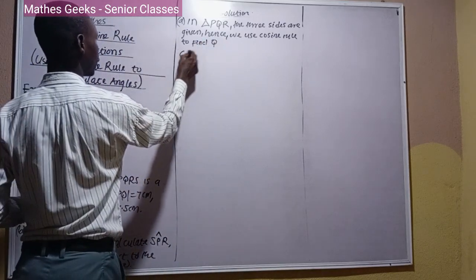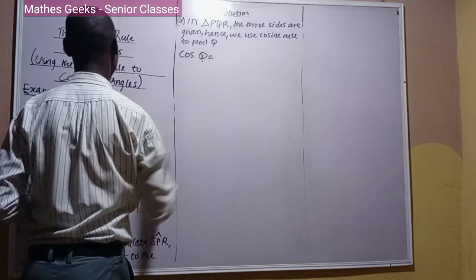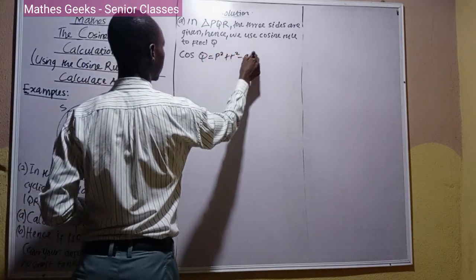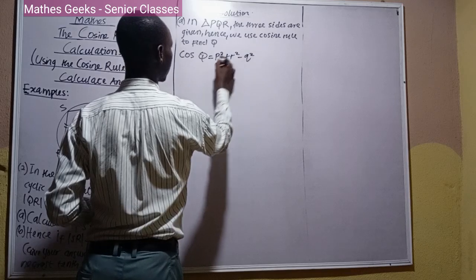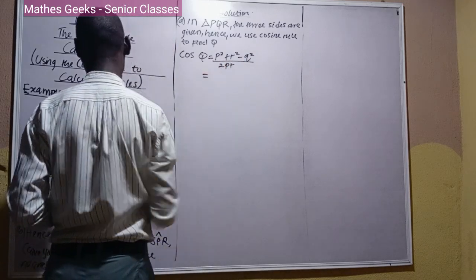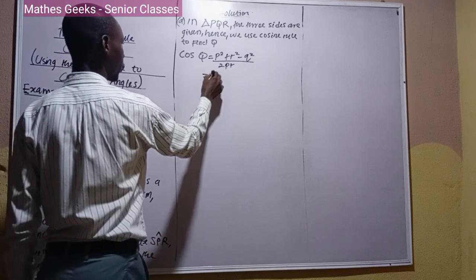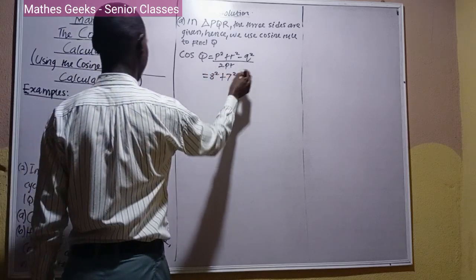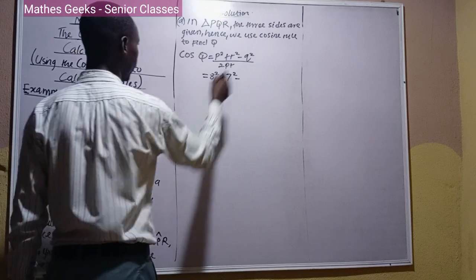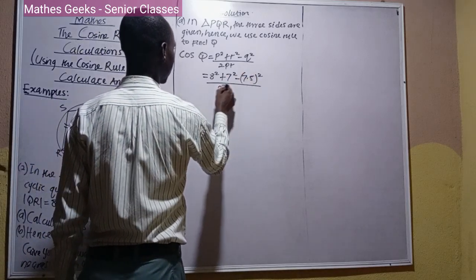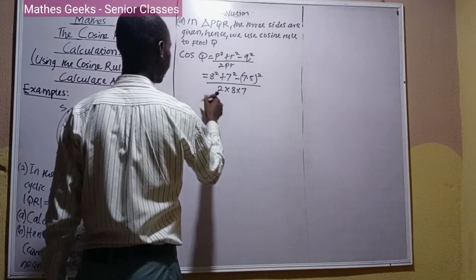So cos Q is equal to P squared plus R squared minus Q squared over 2PR. So P squared is 8 squared, R squared 7 squared, Q squared 7.5 squared, and 2 times 8 times 7.